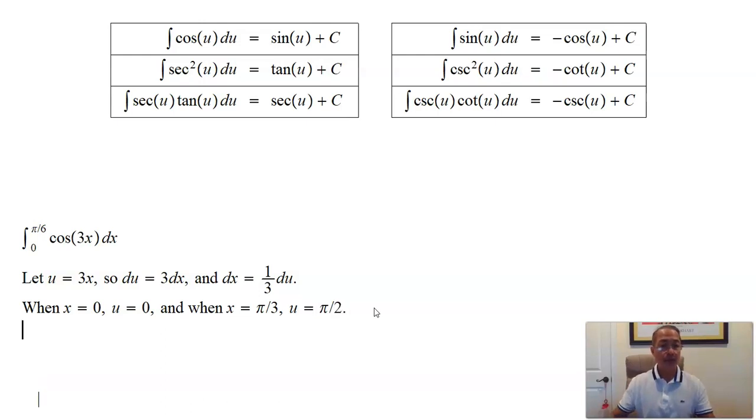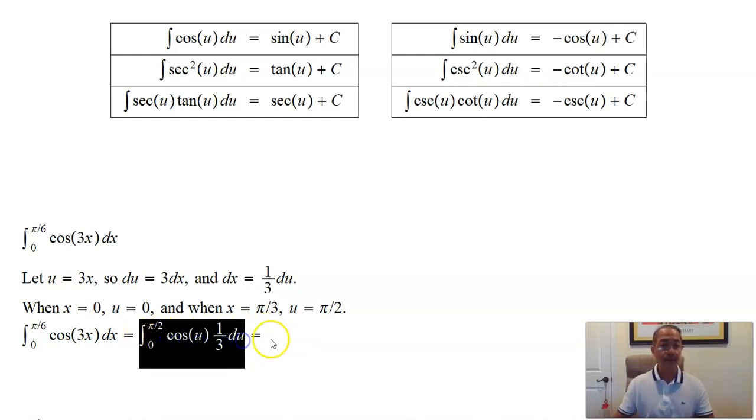All right, so we are ready now to perform our integration. The integral that we want becomes, instead of 0 to pi over 6, 0 is still 0, but pi over 6 becomes pi over 2. Cosine 3x becomes cosine of u, and dx becomes 1/3 of du. So we replace that, and of course, we can take the 1/3 out of the integral.